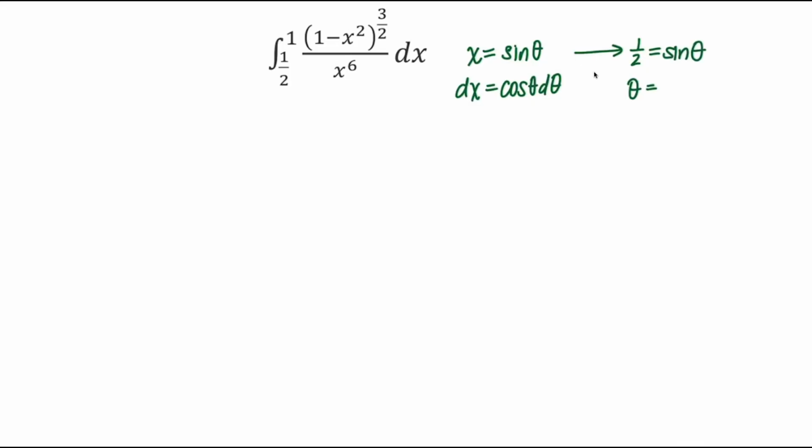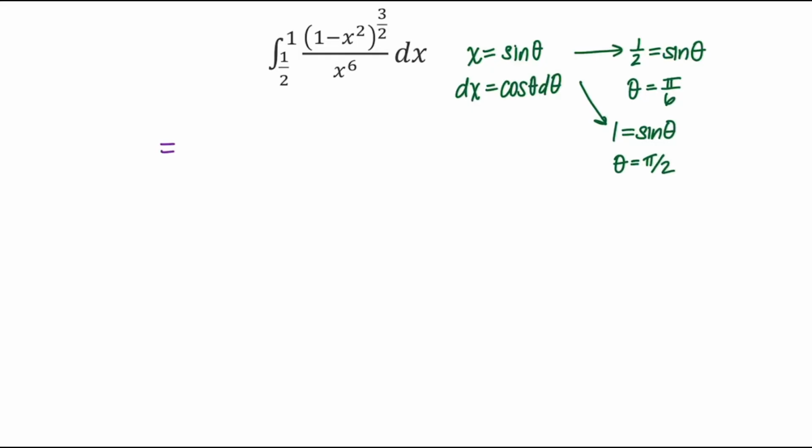Obviously, there's a lot of solutions, but between negative pi over 2 and pi over 2, the only solution is pi over 6. And then if x is 1, go ahead and do that work. If x is 1, then what is the angle theta between negative pi over 2 and pi over 2? That's going to be pi over 2. So theta is going to be equal to pi over 2.